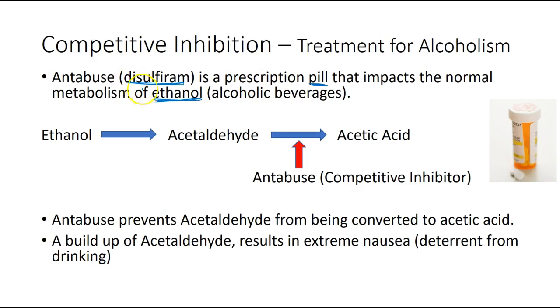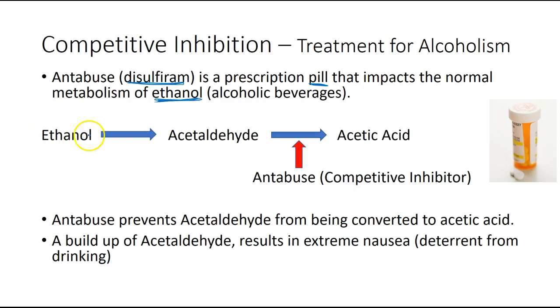And so if a patient is on this particular pill, it's going to competitively inhibit the enzyme that is responsible for changing the acetaldehyde, which is an intermediate product from this metabolic pathway. Now you'll notice from our last video that the metabolic pathway is a series of enzymatic reactions.